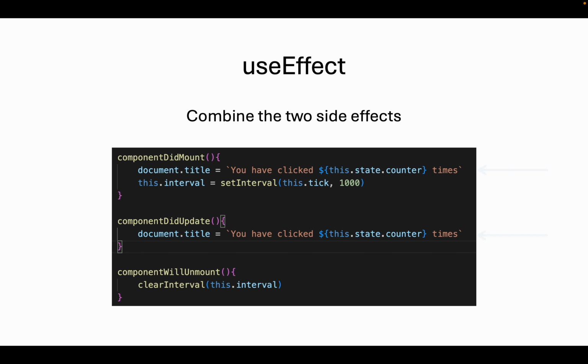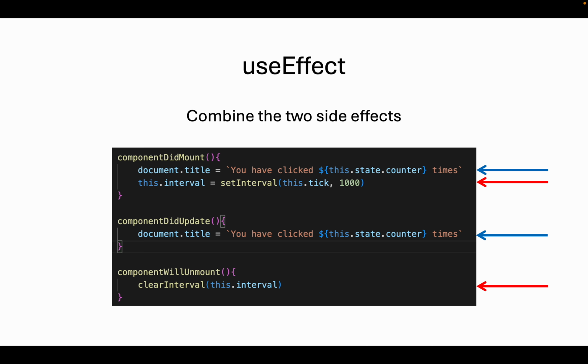As you can see here, first I am duplicating the same code twice in the same file with exactly the same lines of code. And secondly, I have related code where I am setting up an interval and clearing the interval, but I am placing these two pieces of code in different lifecycle methods.